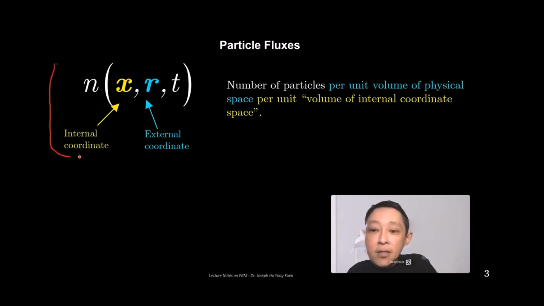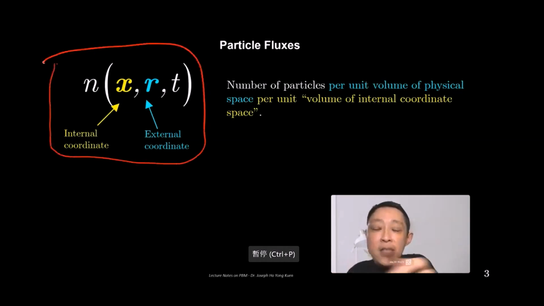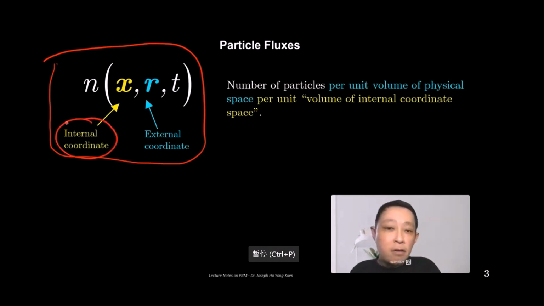Number density function, right? This is the thing that we are actually after. We have also introduced the fact that in general it is a function of the internal coordinate, which can be your crystal size, the age of a cell, or the degree of polymerization of your polymeric system.